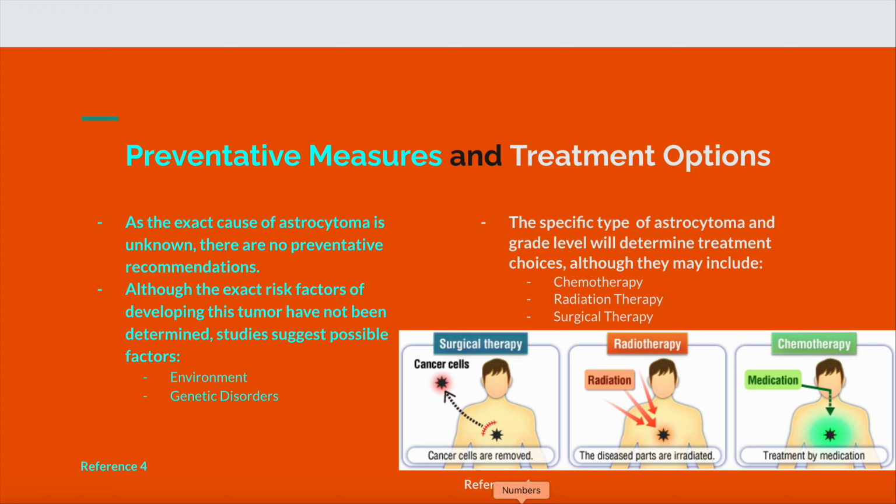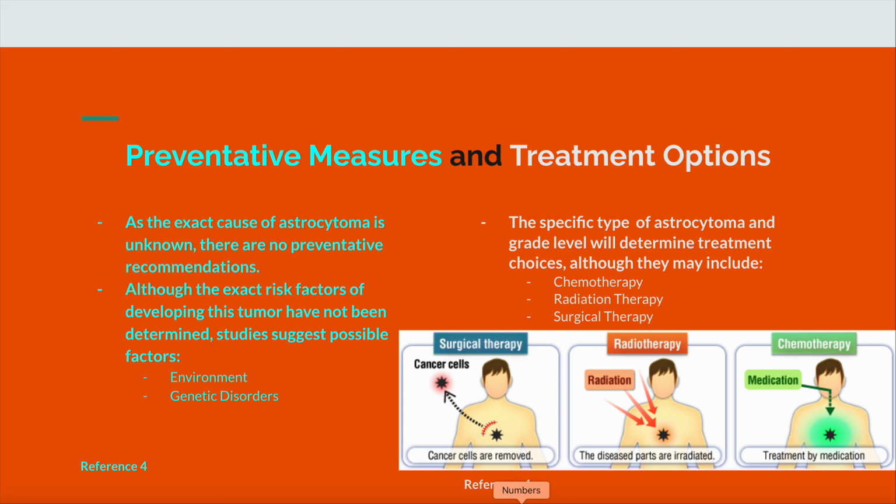As for treatment options, these can vary depending on the astrocytoma type and grade level, but may include chemotherapy, radiation, and surgery. Radiation irritates the diseased parts, and chemotherapy uses medication to help with treatment.